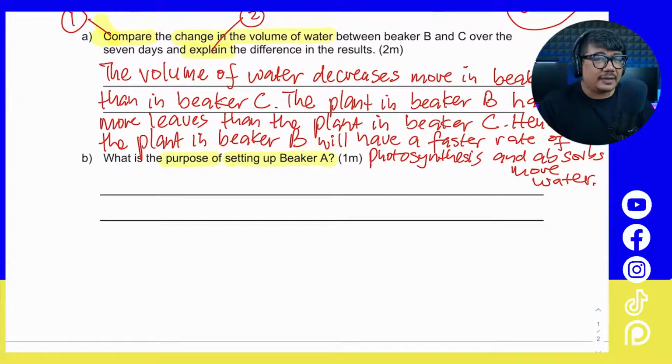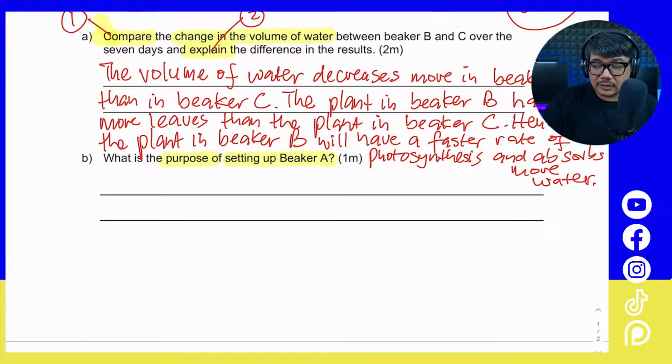Comparison to show that if any of the water is lost in beaker B and beaker C compared to beaker A, the reason was because there's a plant there. Remember, we talked about the changed variable, which was the presence of plant. So the reason now is because of the presence of the plant. Okay, so that will tell you that the plant absorbs water.